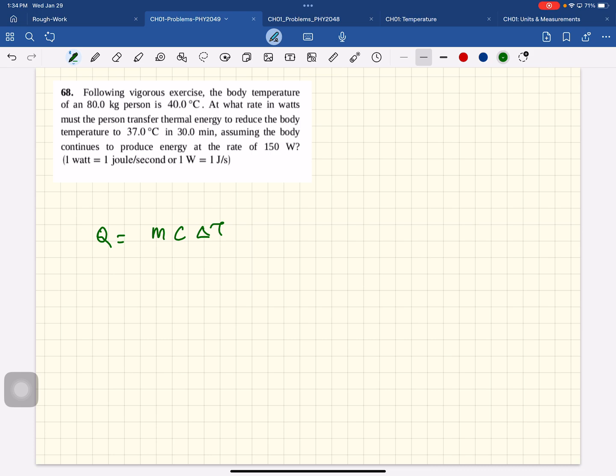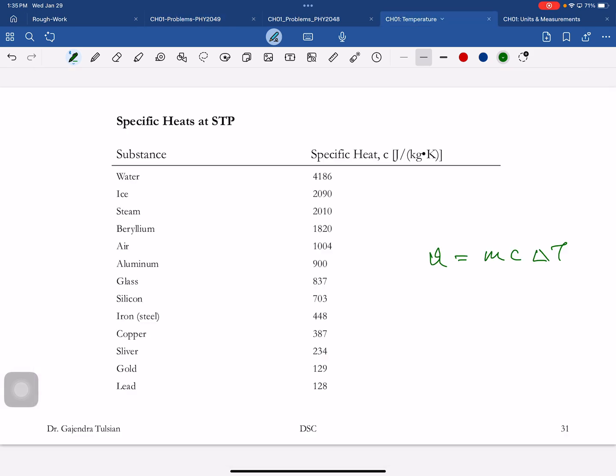Now, you're essentially a bag of water. So the specific heat of humans is essentially that of water. So we'll assume the specific heat of water, joules per kg per Kelvin. And per Kelvin is the same as per Celsius. 1 degree Kelvin is the same as 1 degree Celsius.